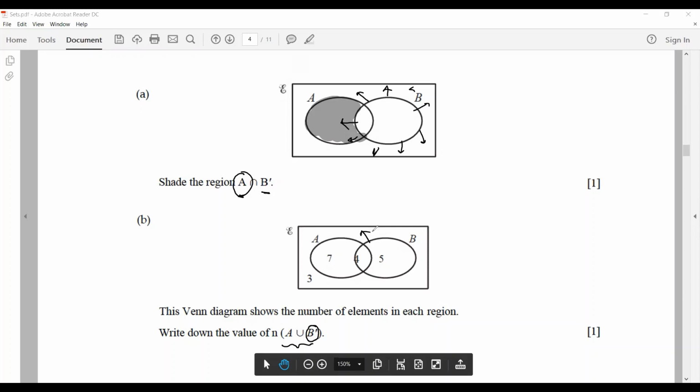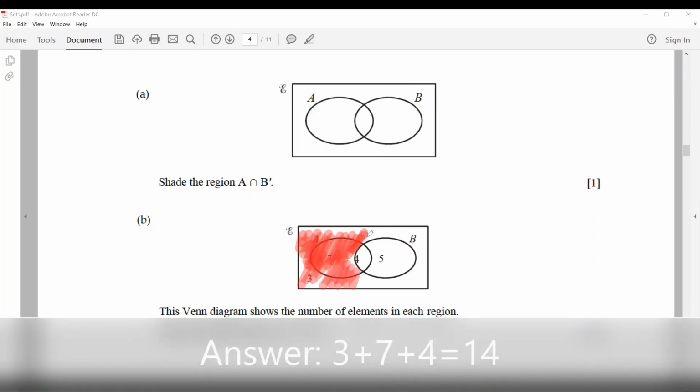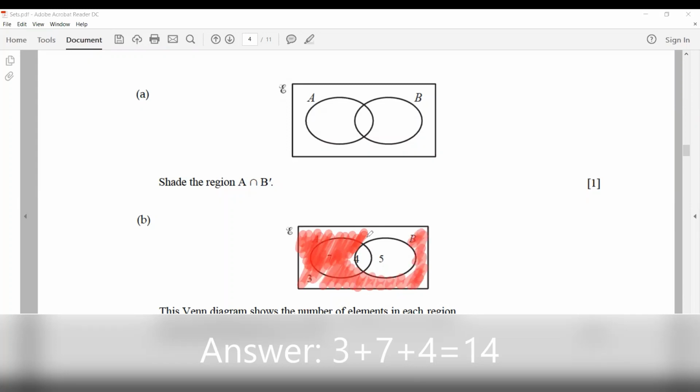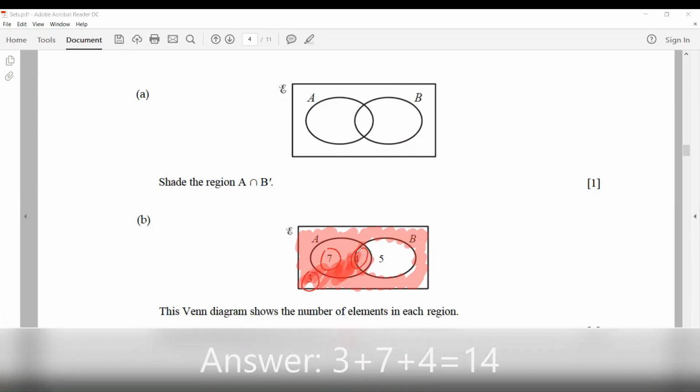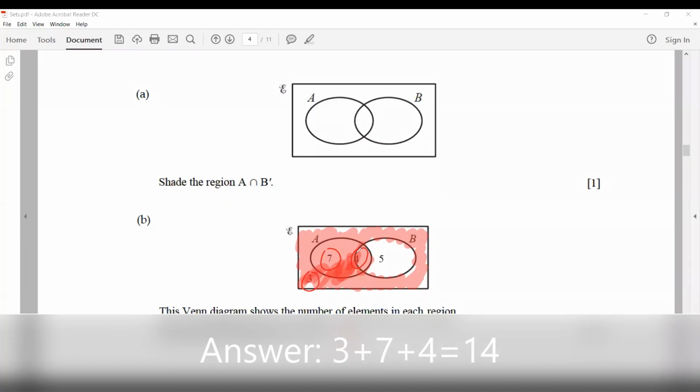Again, the B complement, just like what we did, is anything outside B. And now its union with A, so this region is also included. All right, moving on to the next question.